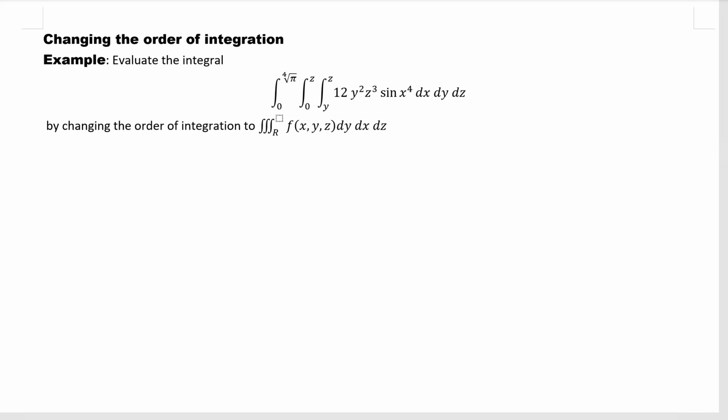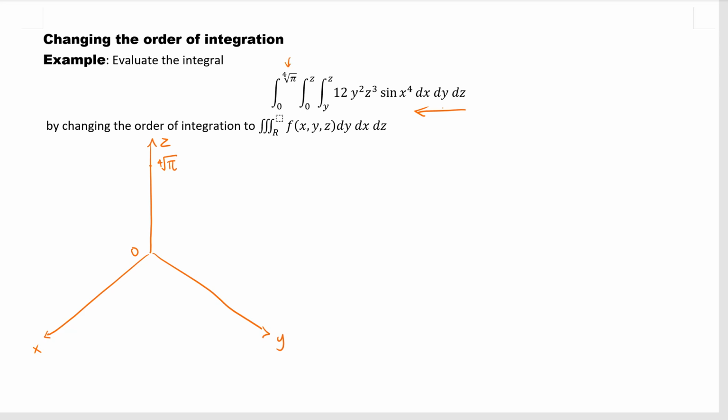So let's draw it. We have x, y, z. From the outside to inside, z is from 0 to 4 root of pi. Let's say this is 4 root of pi. And then y is from 0.